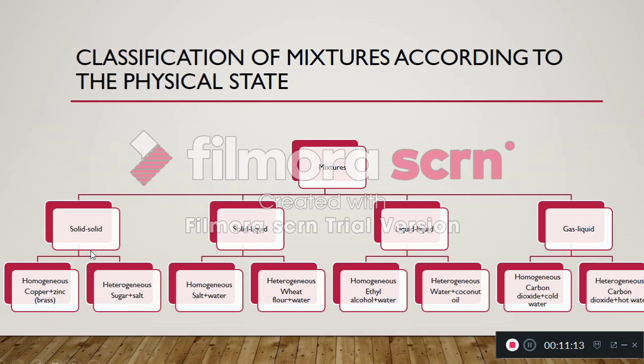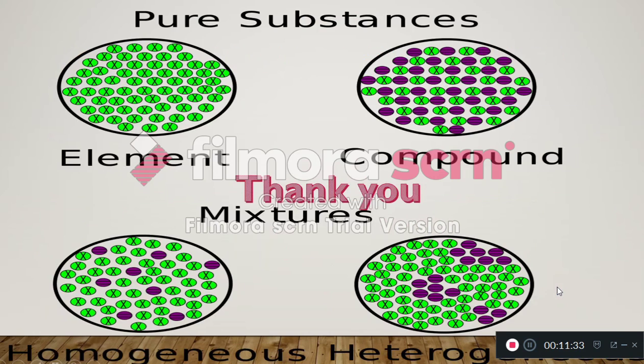All these four types are again divided into homogeneous and heterogeneous solid-solid, solid-liquid, liquid-liquid, and gas-liquid.